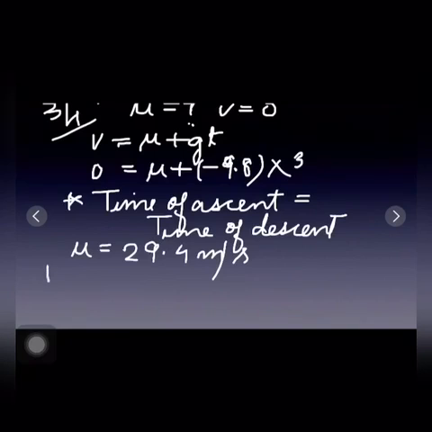In the B part, you have to find out the maximum height it reaches. So this can be calculated by using this formula, S is equal to UT plus half GT square.